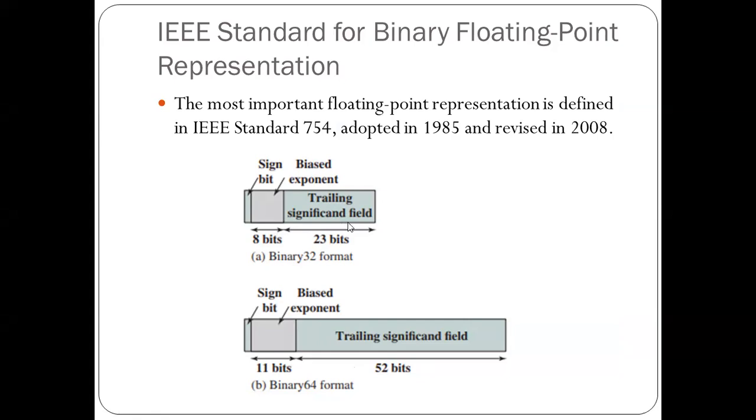So in single precision, 1 bit is for sign, 8 bits for biased exponent, and 23 bits for the significand field.